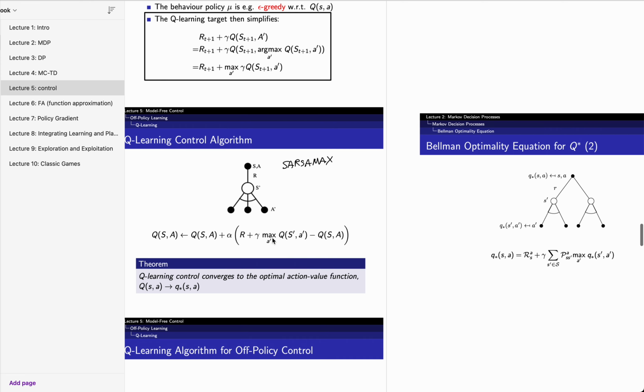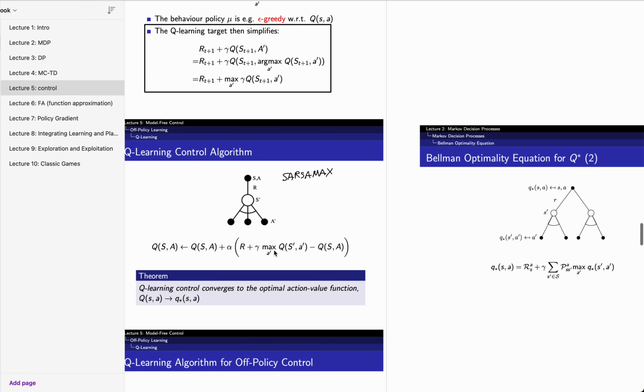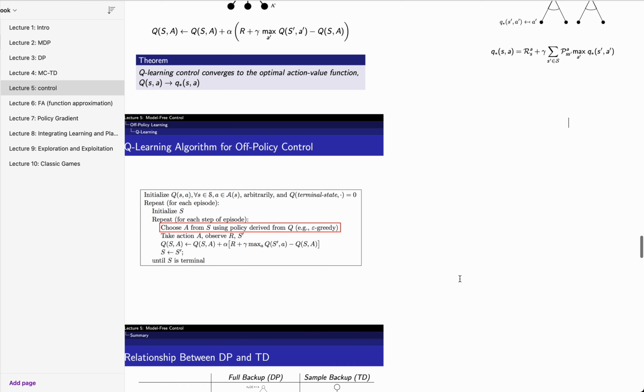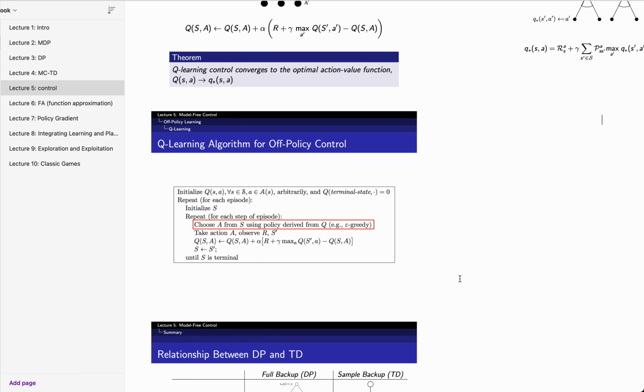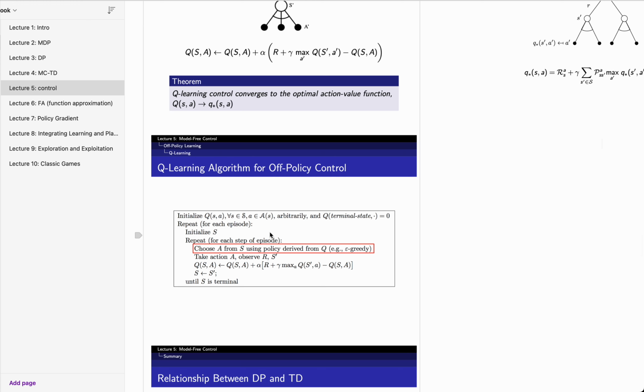But here, since we're sampling, we're just using the max here. This is the official algorithm for Q learning off-policy control. Again, you're epsilon-greedily choosing A, randomly choosing A from the behavior policy, and then you're updating the Q using the target policy.